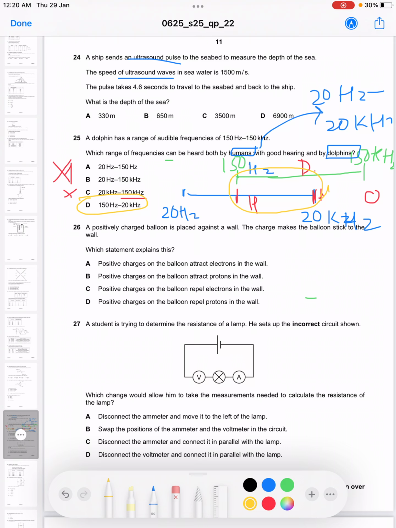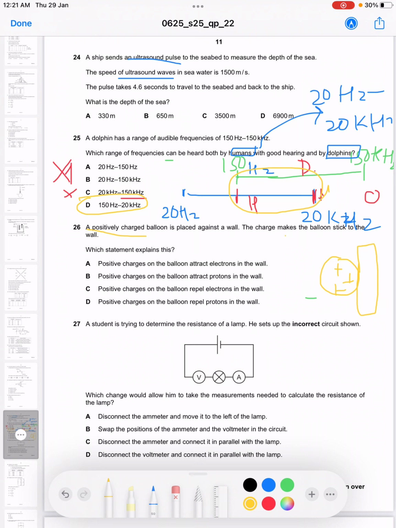Now read question number 26. A positively charged balloon is placed against the wall. Let's suppose this is a balloon and it is positively charged. The charge makes the balloon stick to the wall. So which statement explains this?